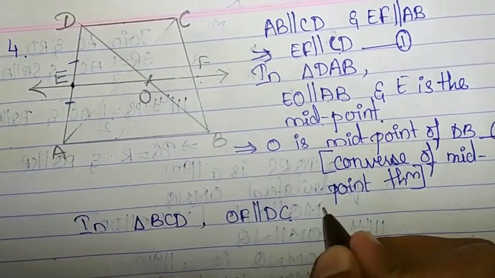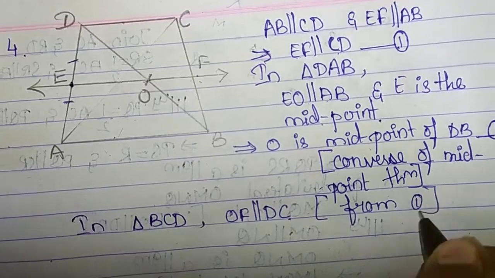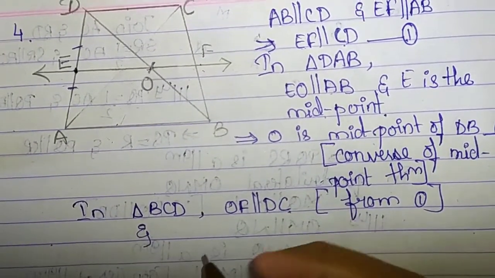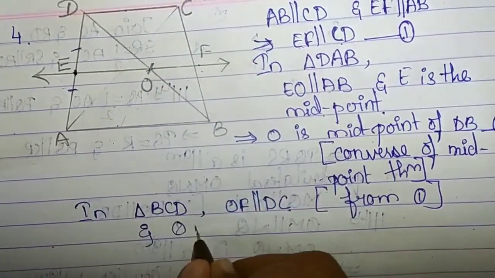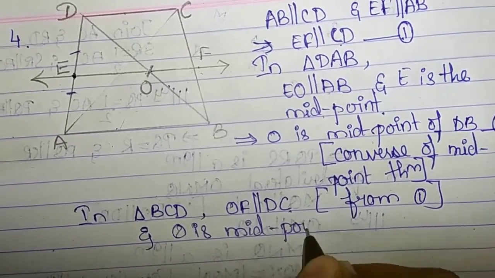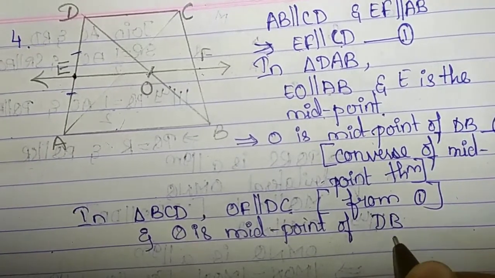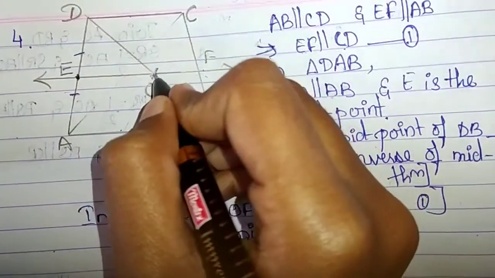That is the property of lines. OF is parallel to CD from 1, and not just that, O is the midpoint of side DB.